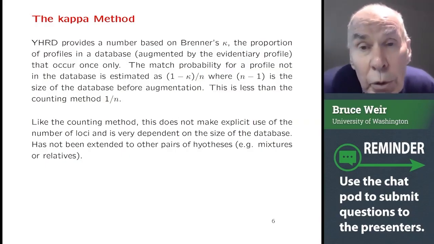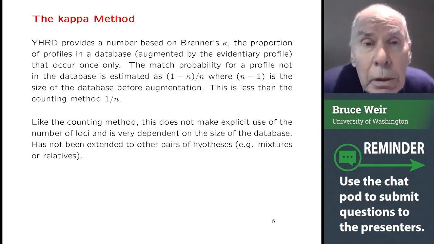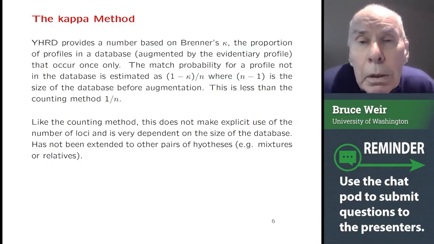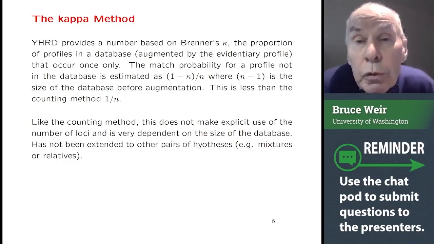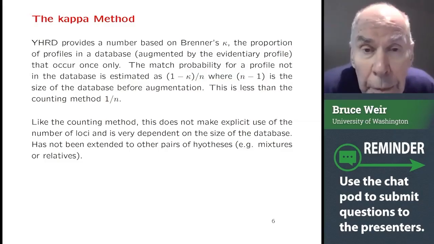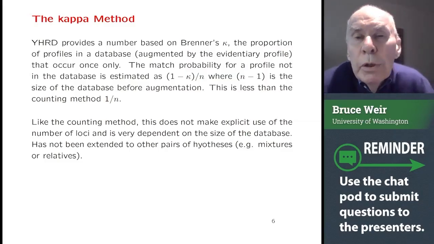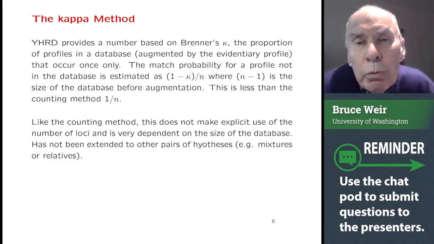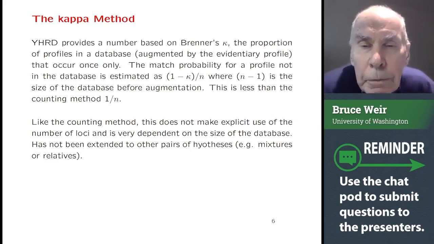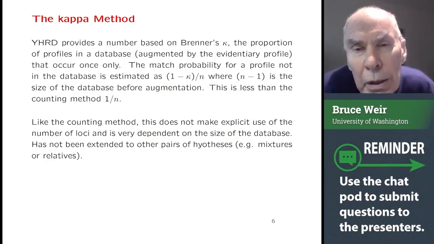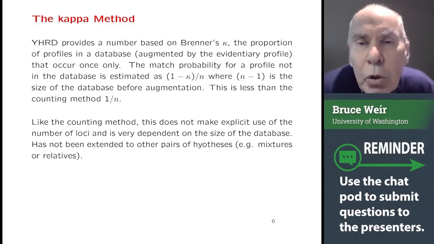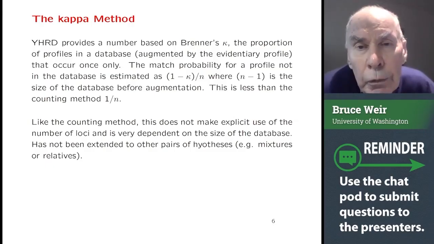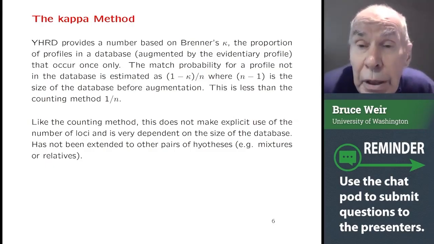A method that is closer to the forensic question, giving a match probability, was given by Charles Brenner, and YHRD gives results using Brenner's kappa. So instead of taking 1 over the database size, the match probability is reduced by this quantity kappa, which is the proportion of haplotypes in the database which occur once only. This is really designed for the common situation where the evidential profile has not been seen in the database.